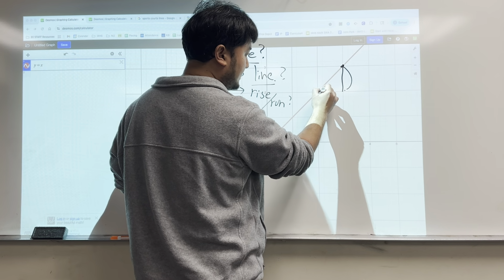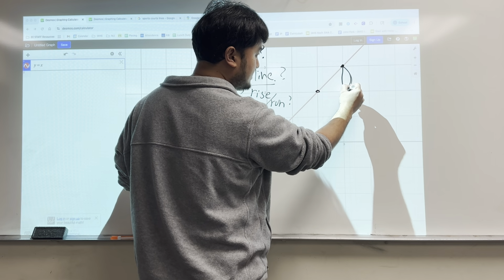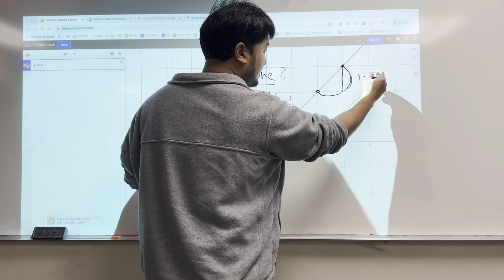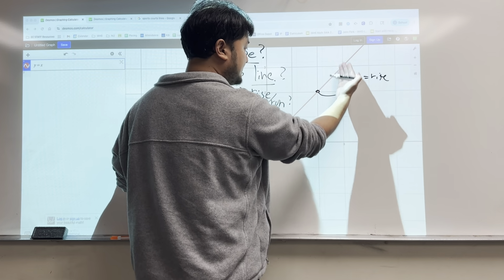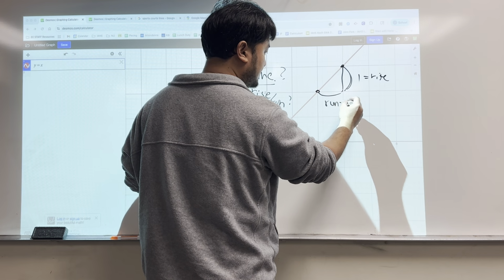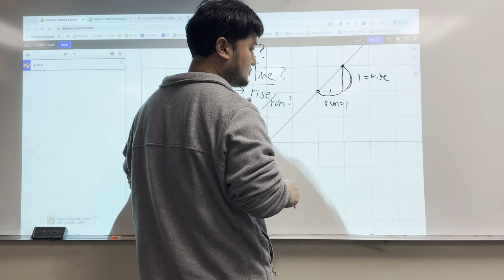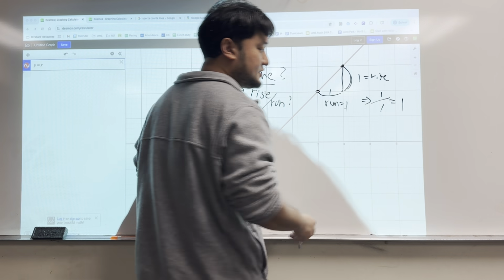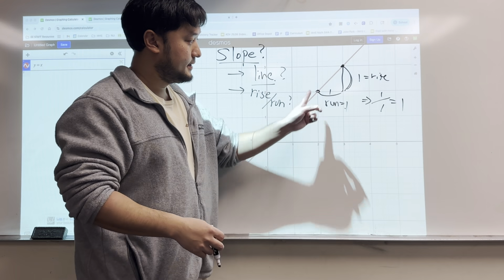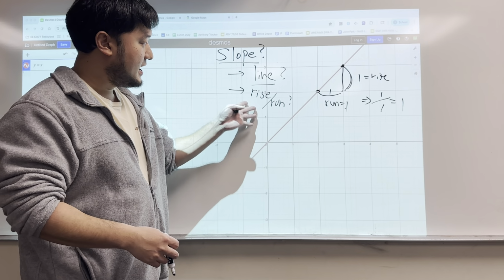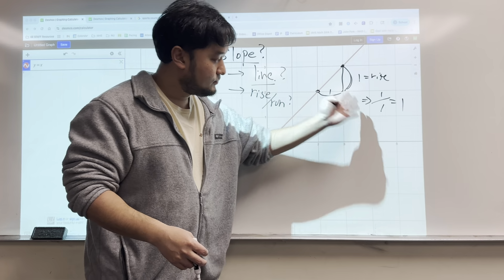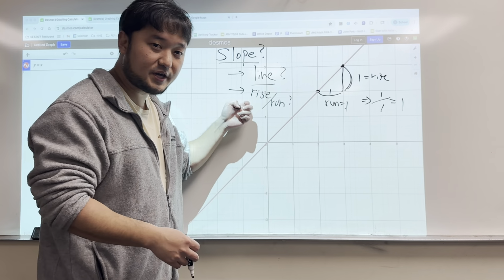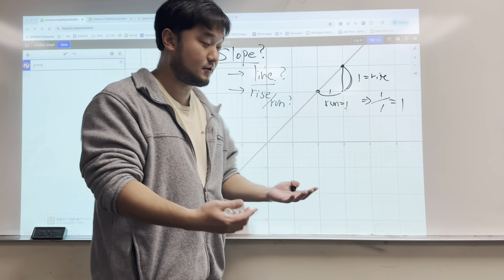So if you're looking at these 2 points, let's say this is 1, because right now it's just 1 box different. So that will be your rise, because it's rising 1, and this will be your run. This will be 1 too, because it's just 1 box. So in this case, it will be 1 over 1. So that is your slope, yeah? And that is correct. That is how we give a numerical value to our slope, a mathematical equation to get the numerical value for it.